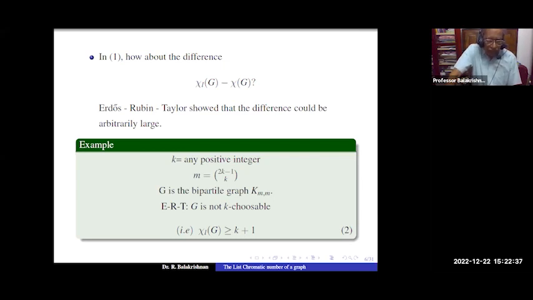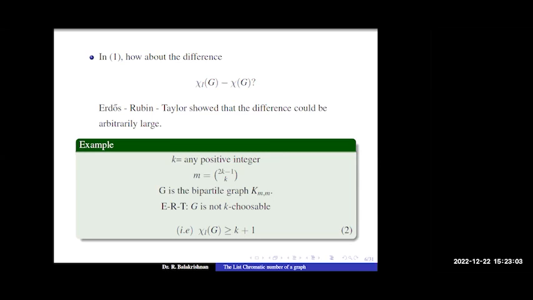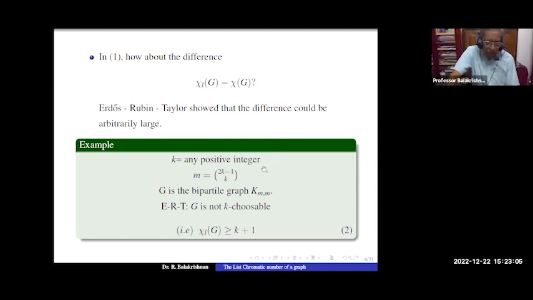So whatever be k, the chromatic number is 2. They showed that G is not k-choosable, which means when you take k to be very large, the difference between the choice number and the chromatic number will get large. That is to say, if it is not k-choosable, it means that the choice number is greater than or equal to k plus 1.